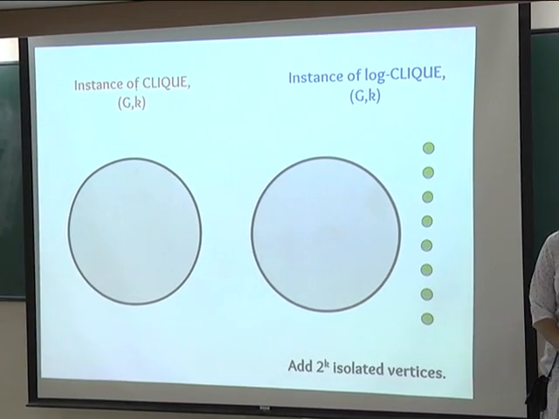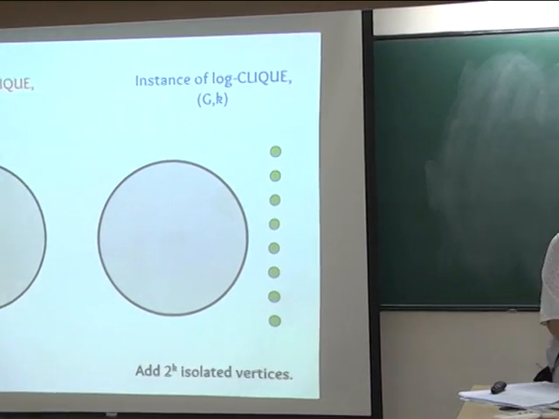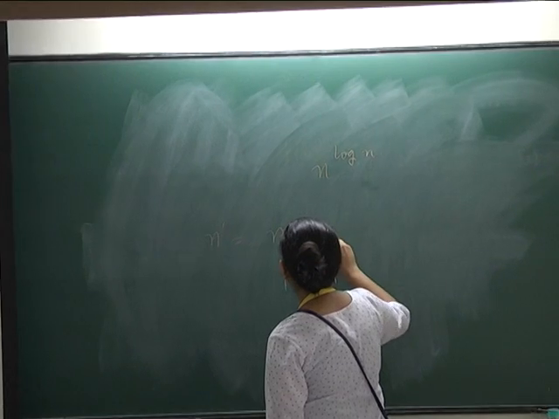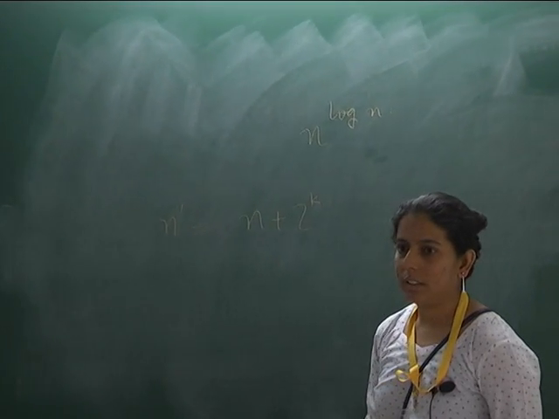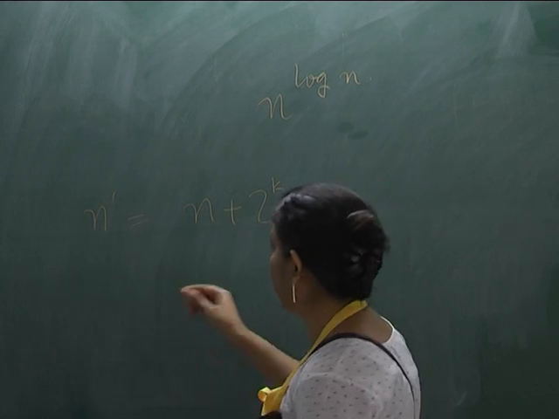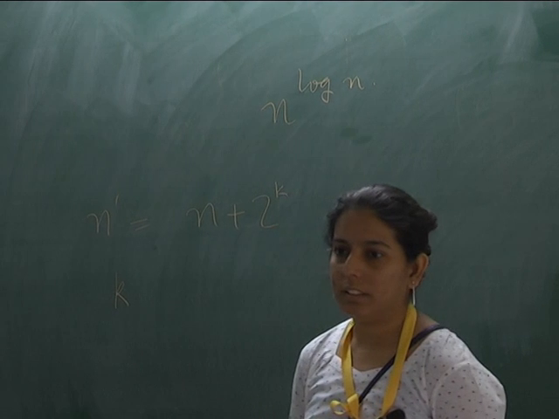No, I will not need 2 to the n. Let's just see why this works. What is my n prime? It is n plus 2 to the k. So the k here is definitely at most log of n prime.